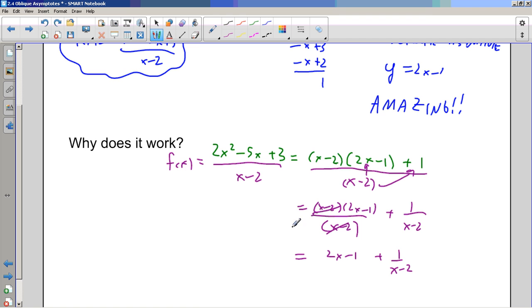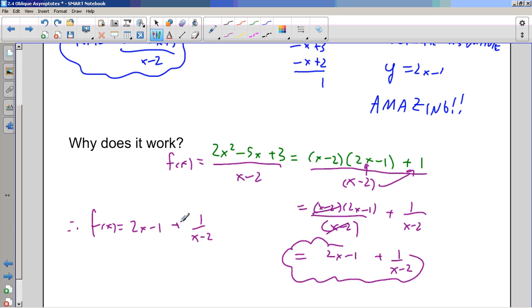Now notice, this expression is equivalent to f at x. Therefore, f at x is equal to 2x minus 1 plus 1 over x minus 2. By the way, we'd never think of the function f at x like this because it's harder for us to see the graphs. But think of it this way. Think of x going to positive infinity.